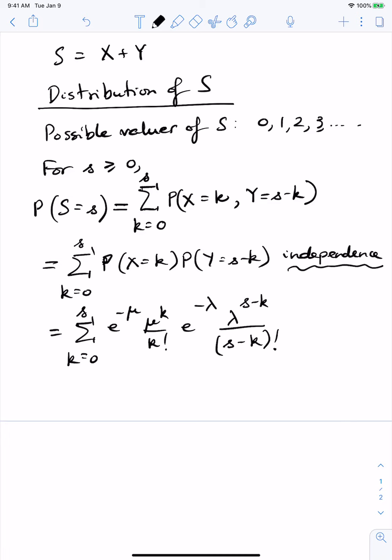S is a constant. S is the particular value at which you're evaluating the distribution. So let's see what we can pull out of the sum. I think we can pull out an e to the minus mu and an e to the minus lambda, which gives us an e to the minus mu plus lambda that we're pulling out. And I don't think we can pull anything else out.